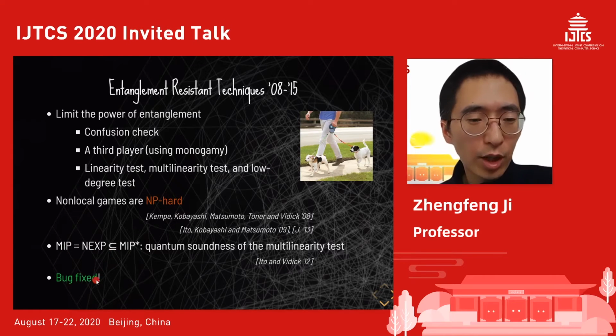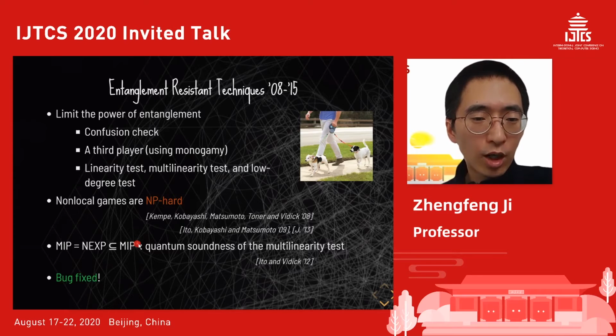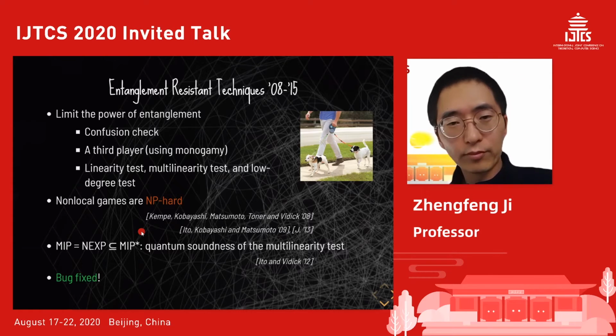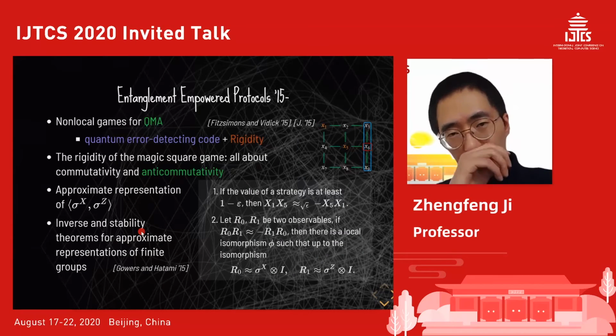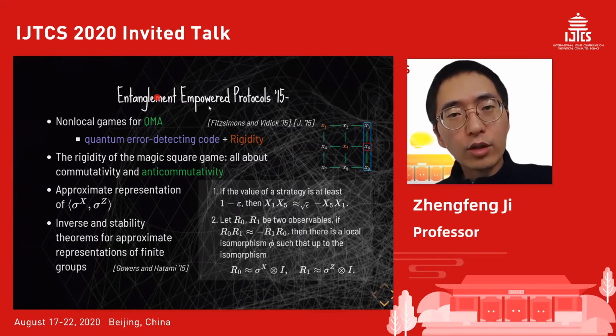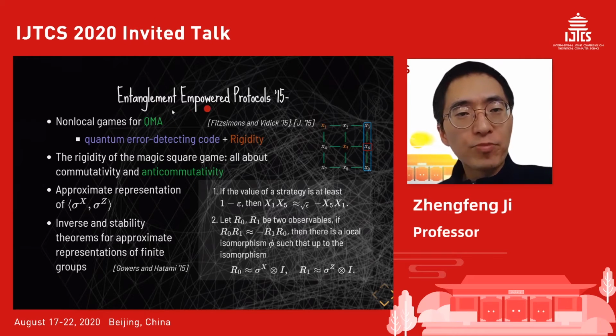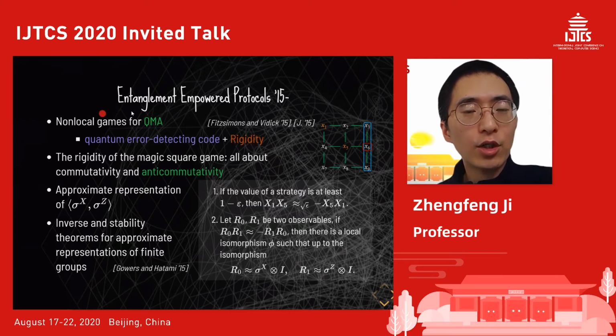And in some sense, the bug is fixed, because for everything that has a classical interactive system, you can have a quantum interactive system. The next five years in the history are more about how we use entanglement in a positive way.